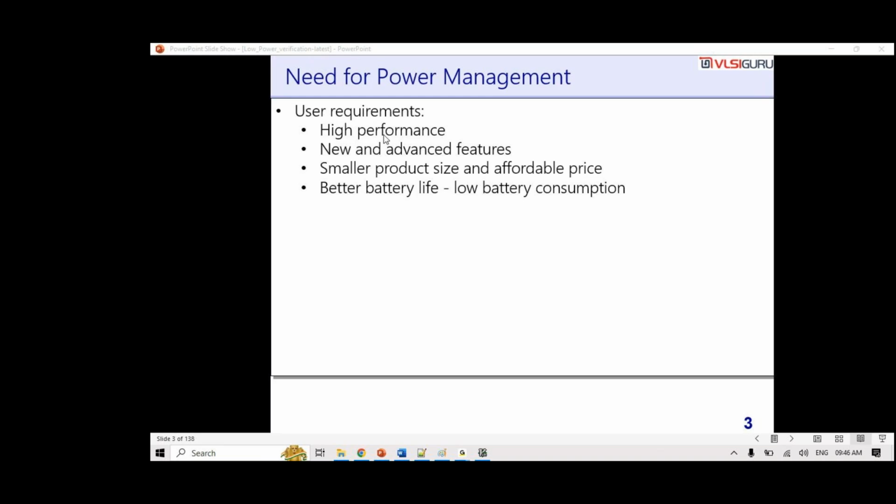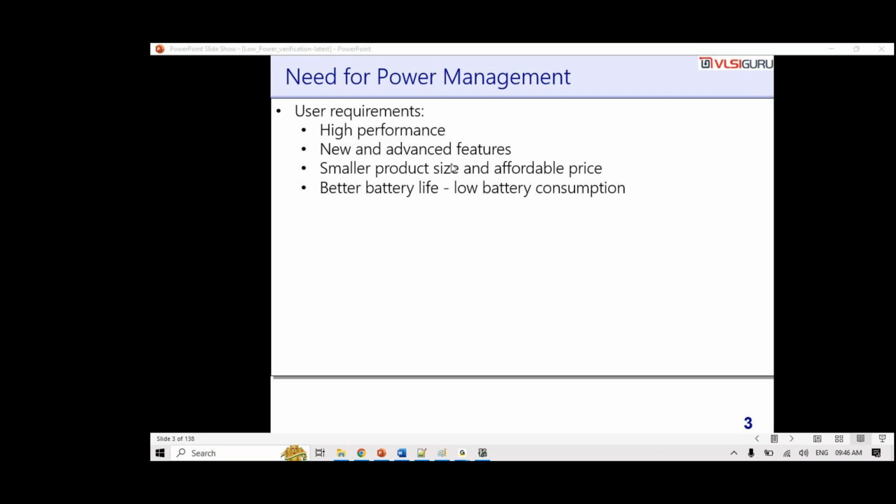And when you need performance, you go for a high frequency, right? Your processor will be working at a higher frequency. As it works at a higher frequency, it automatically leads to increased power consumption, because the power is related to the frequency, right? And to implement more features, that also leads to more power consumption.